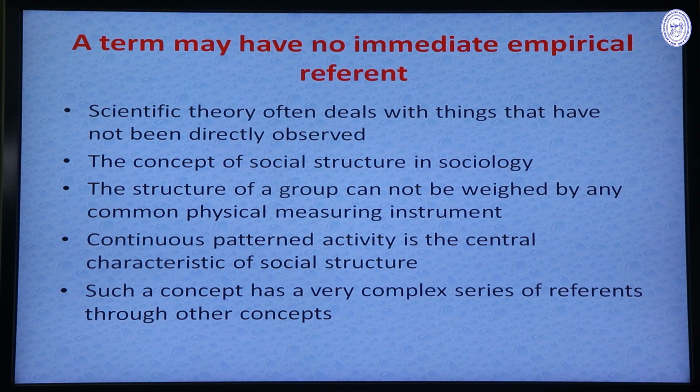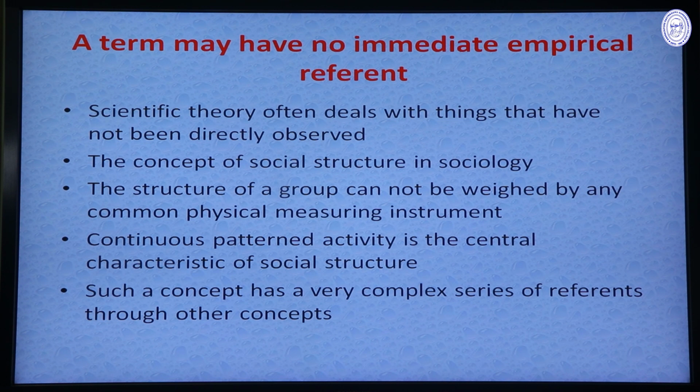The concept of group is there, but this concept often does not have its immediate empirical references. So, that creates the problem of validation, that we cannot validate the concept with the reality, and that does not mean that the concept is redundant, or that the concepts do not exist. The concepts may not have immediate empirical reference, but that does not nullify the concept.